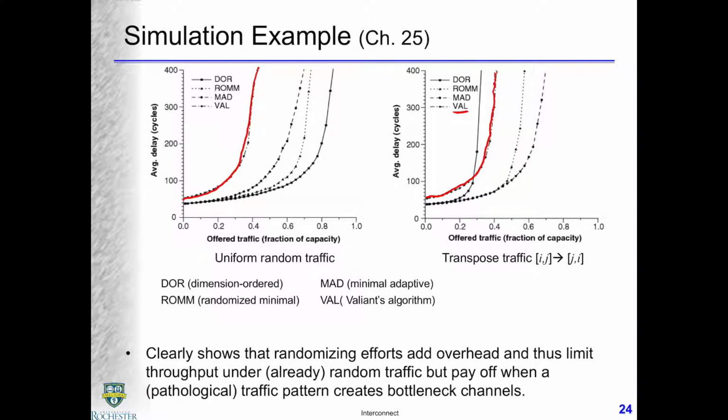Okay, so it was a crazy idea in a way, yes, because I'm sending my packet to a completely random location in the network and then asking that node to send it to my destination. This almost doubles the traffic, right? It's two separate trips.